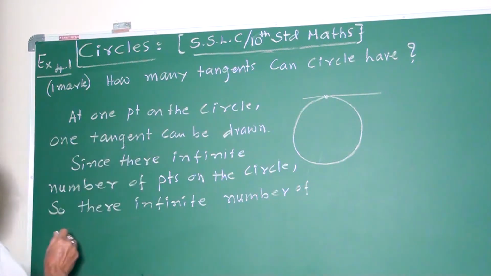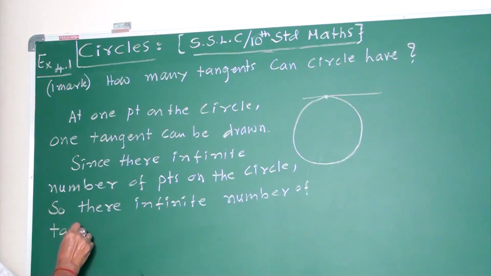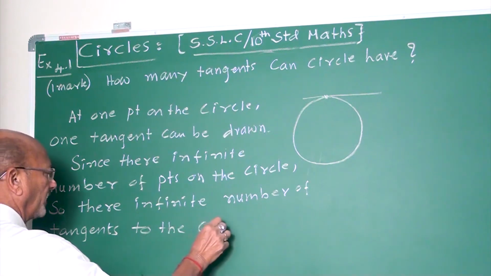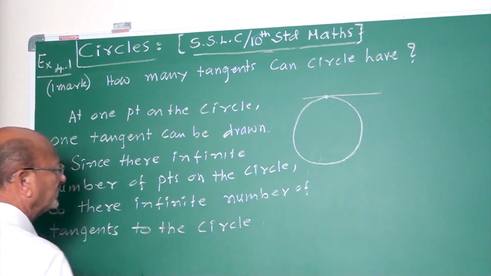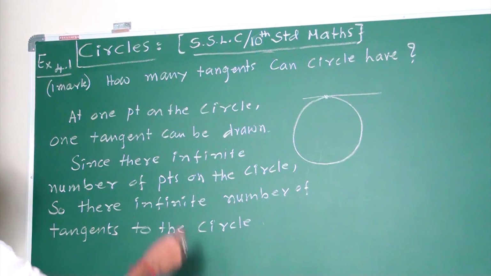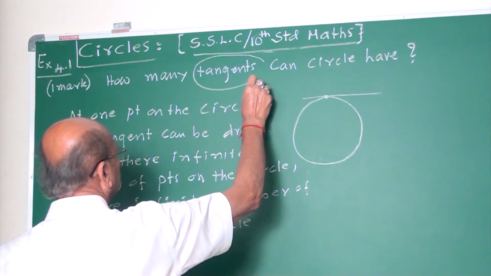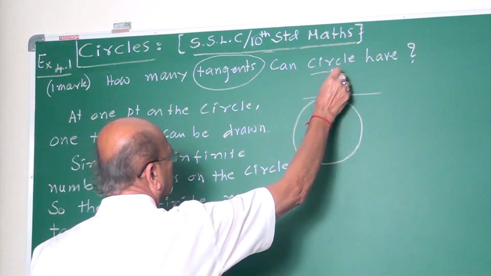Number of tangents to the circle. Then what is the answer, my friend? How many tangents can be drawn?